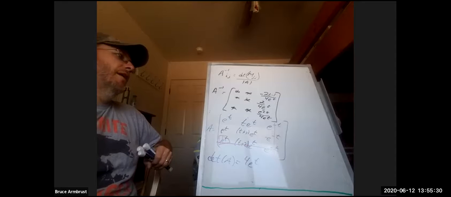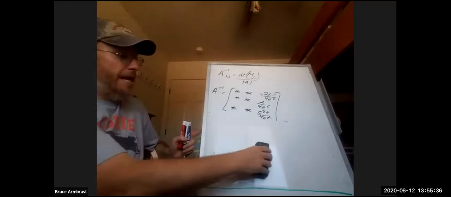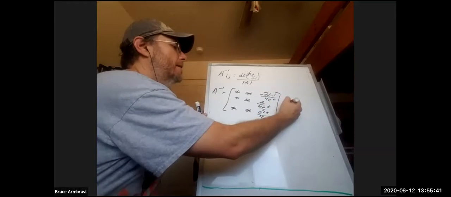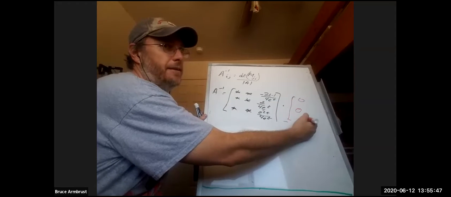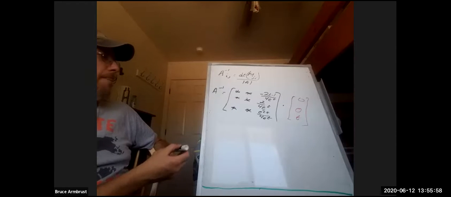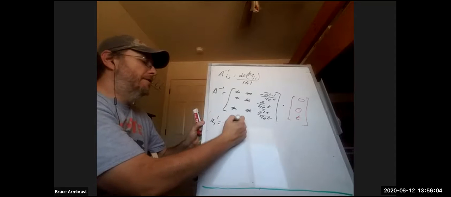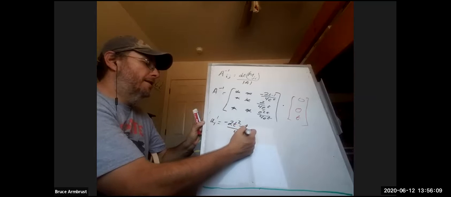All right, so now what's the point? Well, let's go back and remember what we're doing with this, right? We're taking A inverse times B. So we're going to take this and multiply it by 0, 0, and what did I say we had? It was t. So when we do this multiplication, what we find is that u1 prime is equal to minus 2t squared minus t over 4 e to the t.